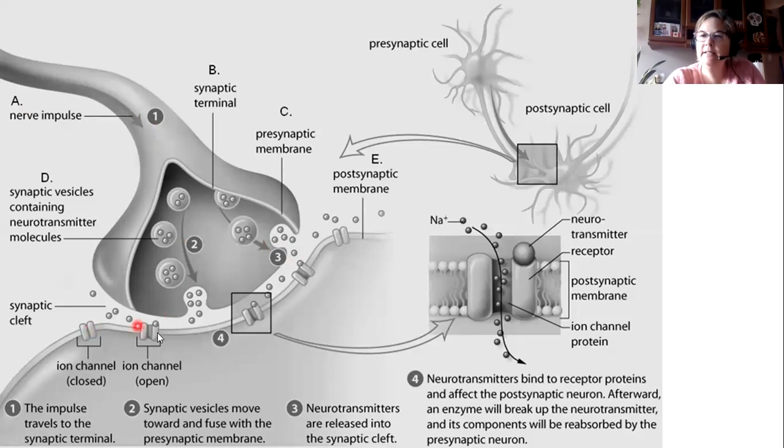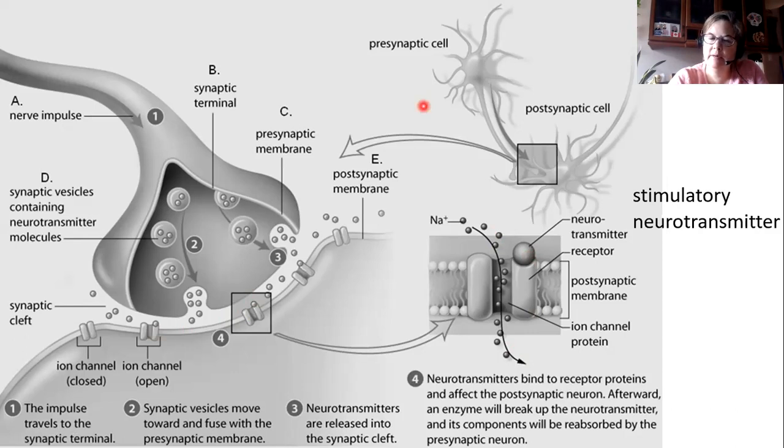The receptor sites are on the ion channels. So if we take a look here, the neurotransmitter went on this receptor site, causing sodium ions to go in. So we know this is a sodium ion channel. So we know in this case, the neurotransmitter is a stimulatory or excitatory neurotransmitter because sodium ions are going in.